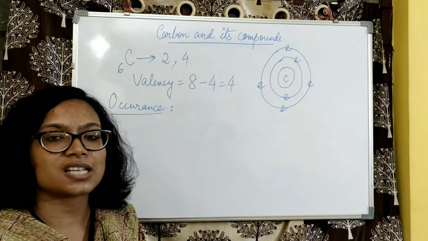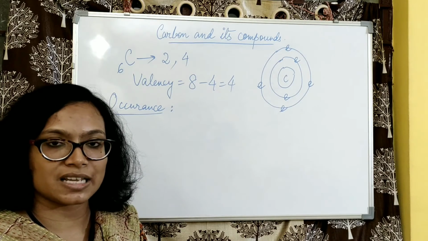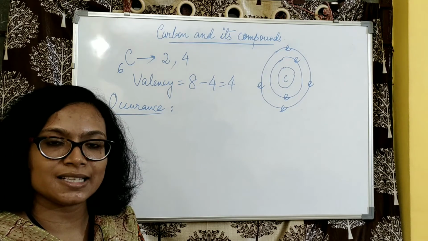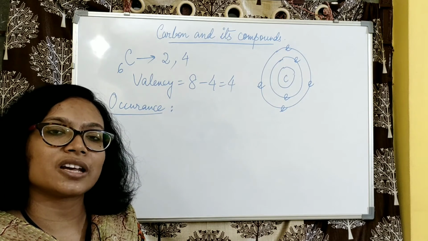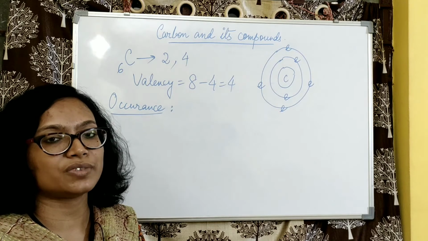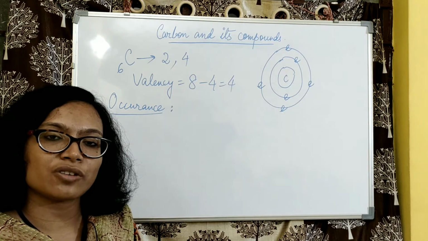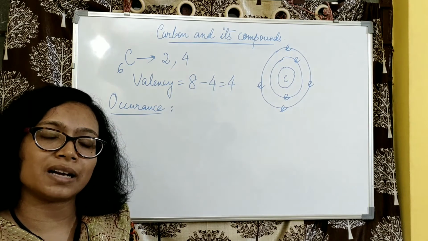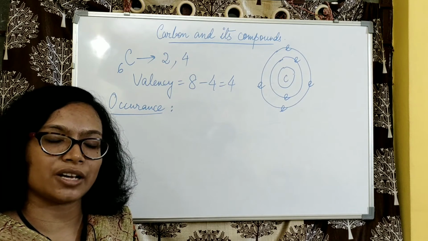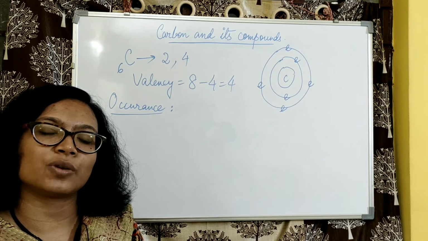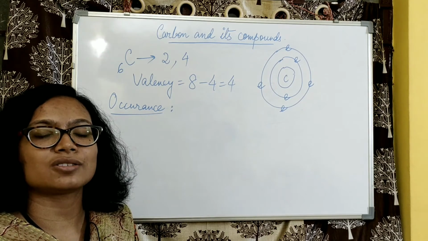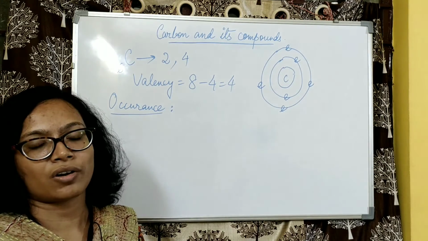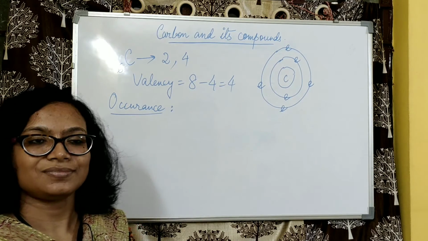The second type in which carbon can exist in nature is the combined state, in the form of either oxides or carbonates, or it can form compounds with itself. Carbon combining with carbon and other elements like nitrogen, hydrogen, etc. leads to another branch of chemistry referred to as organic chemistry, and such compounds are referred to as organic compounds.